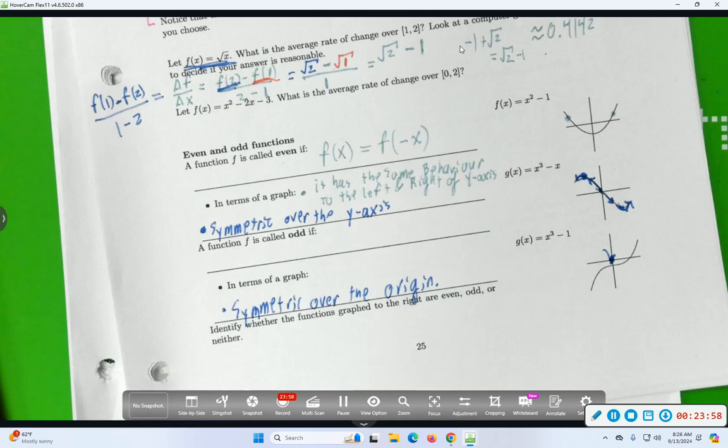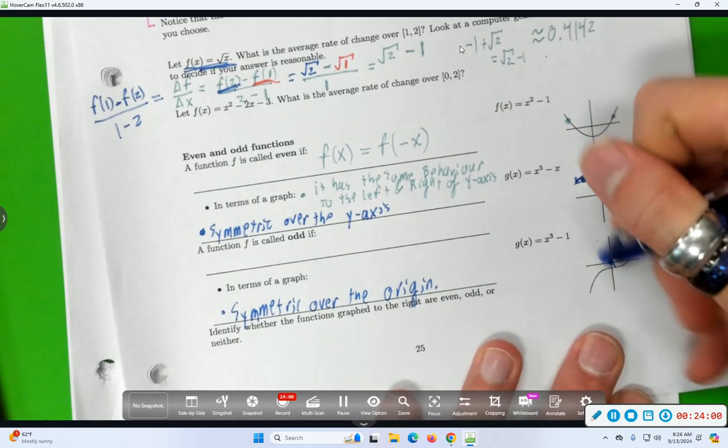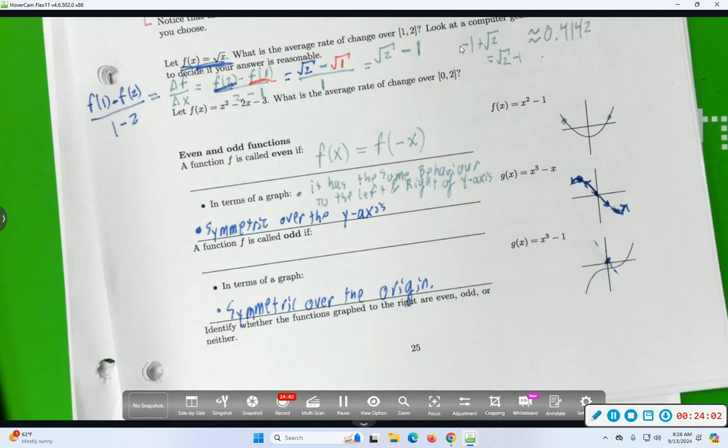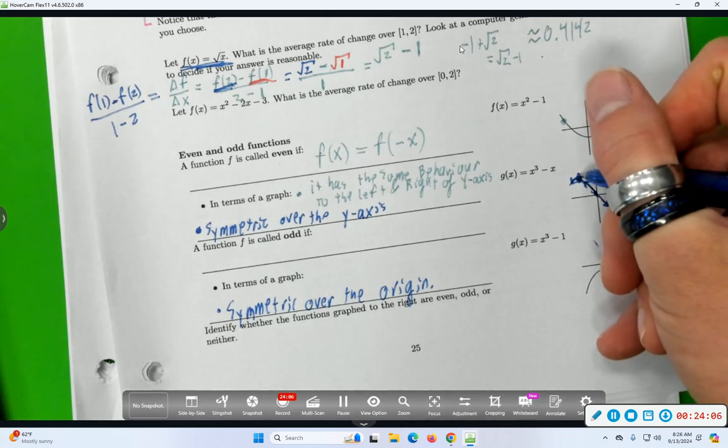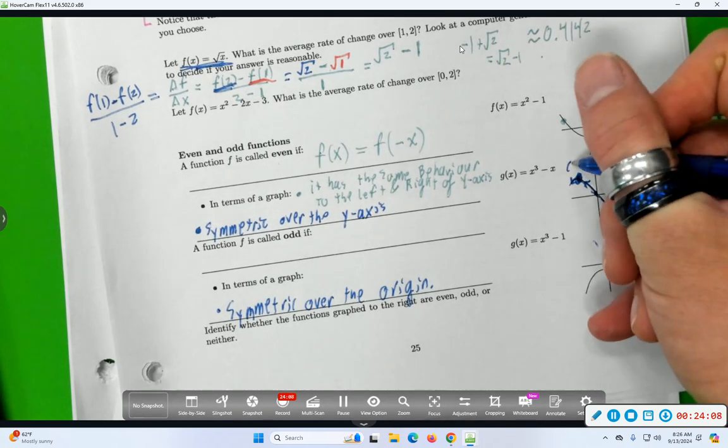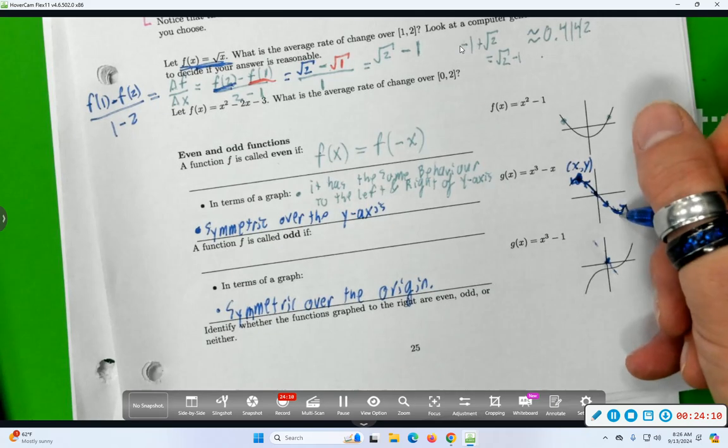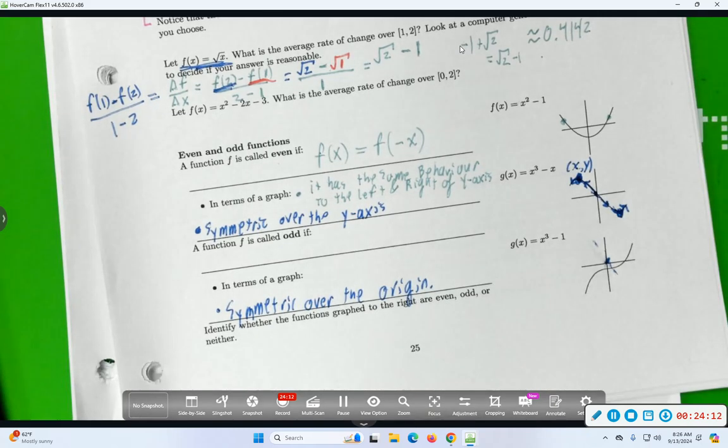Let's think about what this means in terms of something analytic and formulaic. So being odd somehow means that if I take this xy coordinate and reflect it over the origin, I'll get a new xy coordinate. How do the xy coordinates change when you reflect over the origin? They stay the same.